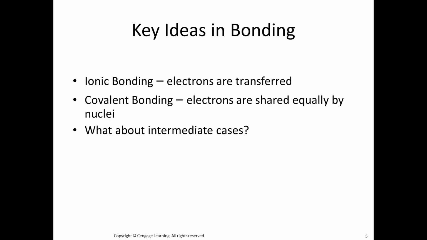So some of the key ideas in bonding that we've already explored are the ionic bond, where we have a full transfer of electrons, and the covalent bond, where electrons are shared equally by nuclei. But what about the intermediate cases, where we have two nonmetals, which are close in their ability to share electrons, but don't fully transfer or share electrons equally?